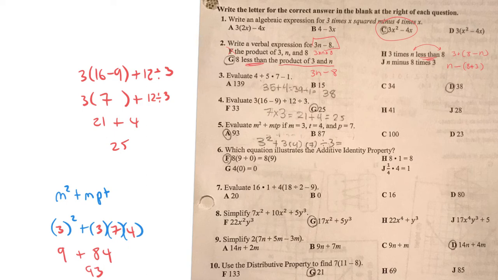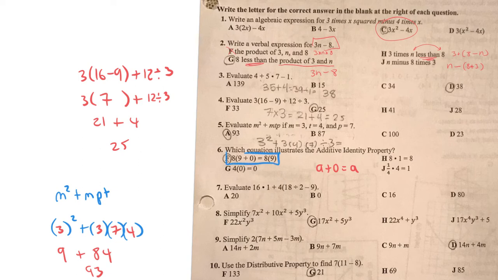Looking at problem number 6, which equation illustrates the additive identity property? Well, once again, we have a list of properties. The additive identity property, I'll just tell you, is a plus 0 equals a. Well, guess what? That's right here.